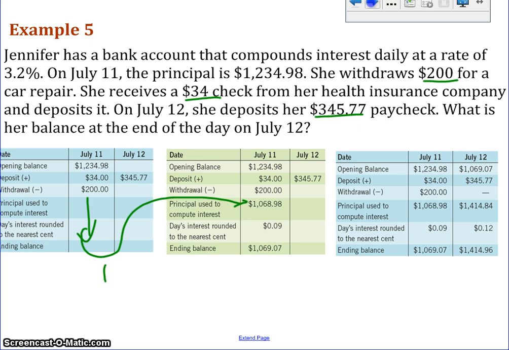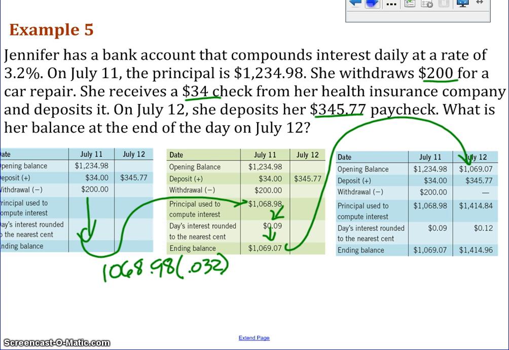So if I take the 1,068.98 and multiply it by 0.032, I end up with 9 cents. If I add that 9 cents, the end of my balance on the first day, July 11th, is $1,069.07. And you'll see that the ending balance for that day is also the beginning balance for July 12th.